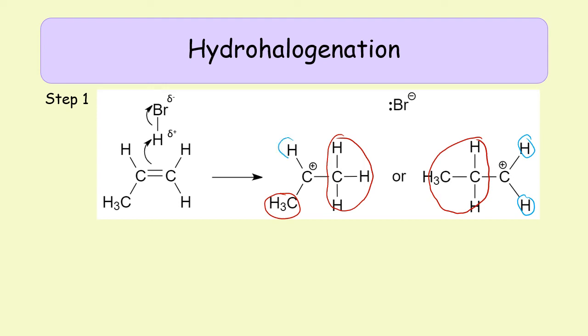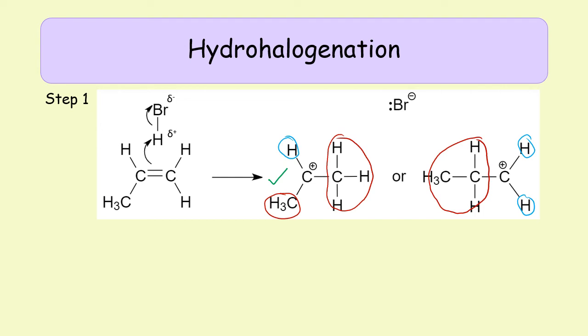Now, in terms of stability, remember when we looked at SN1 reactions, we know that the most stable carbocations have carbons attached to the positive carbon. The more carbons attached to the positive carbon, the better. Which does mean in this case, this one here is more stable.